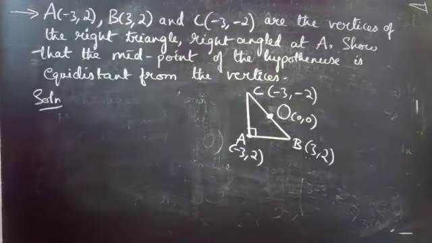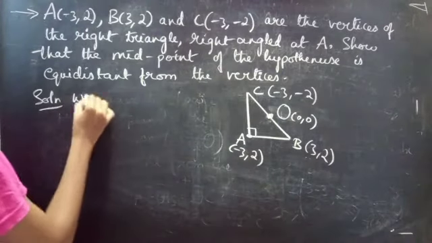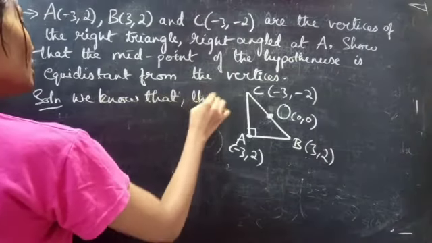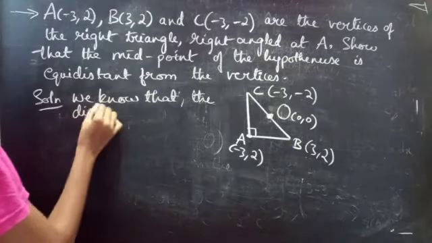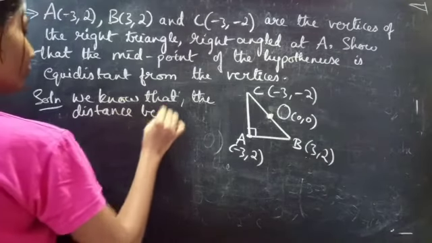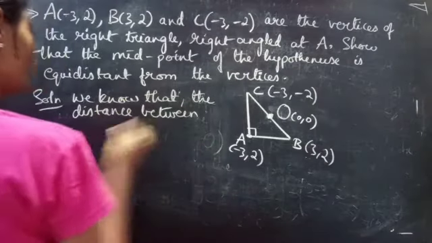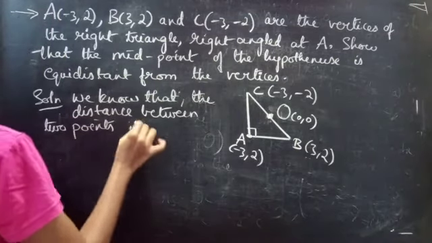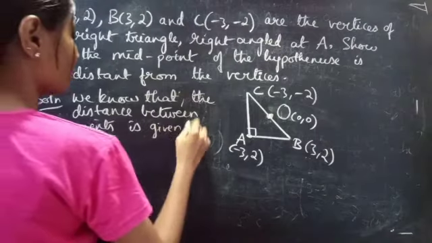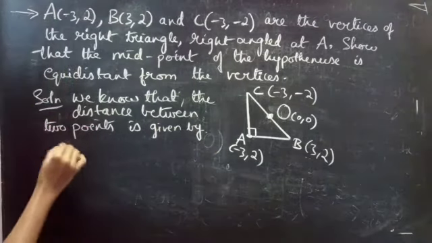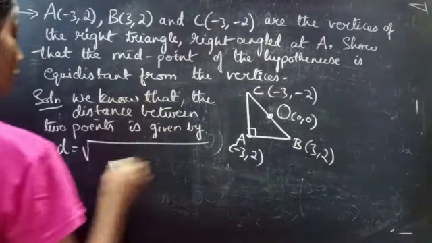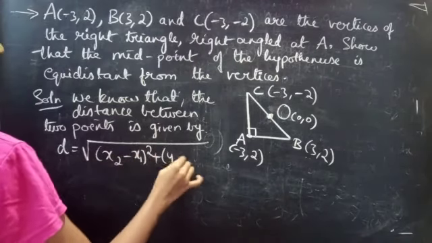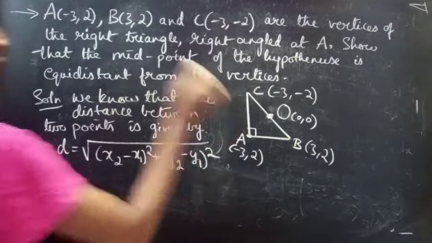We know that the distance between 2 points is given by D equals square root of (x2 minus x1) whole square plus (y2 minus y1) whole square.